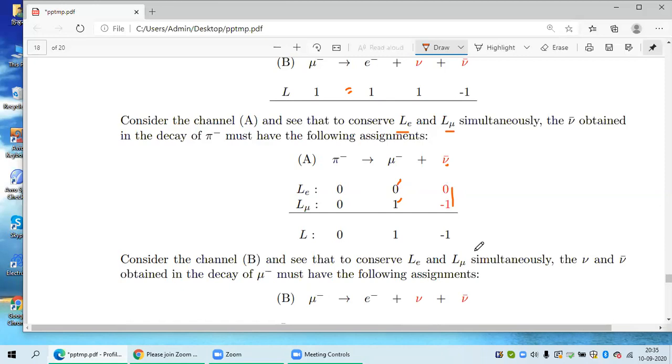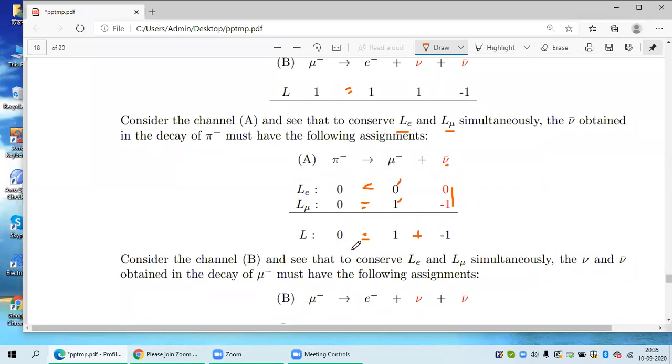There are no other possibilities. So Le is conserved here, L mu is individually conserved here: 0 plus 0 equal to 0, 1 minus 1 equal to 0. And L is automatically conserved, it is the sum, but this is okay.